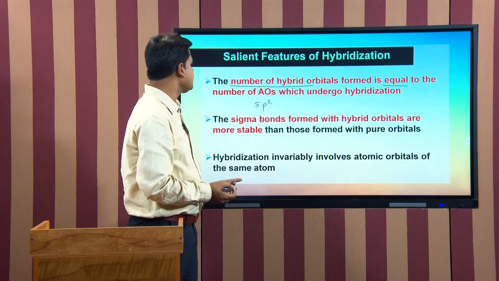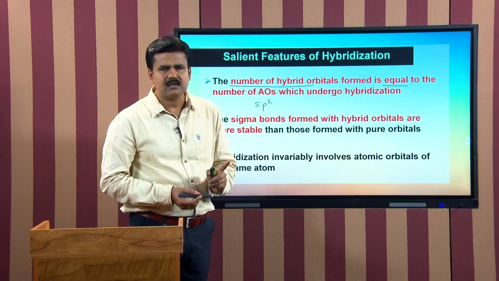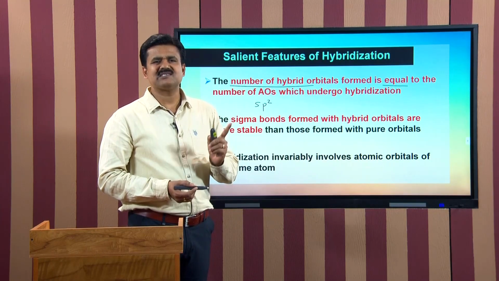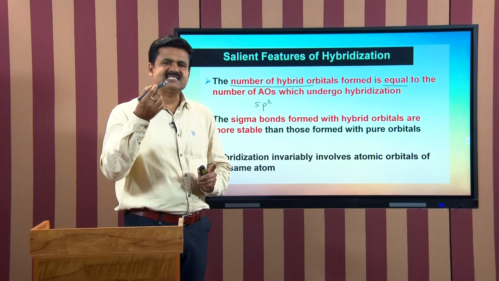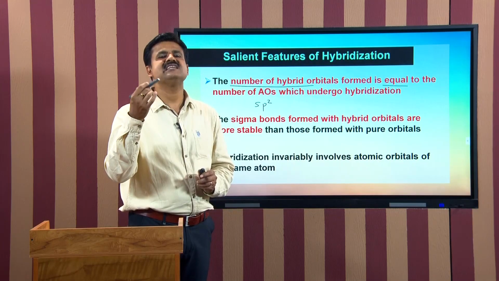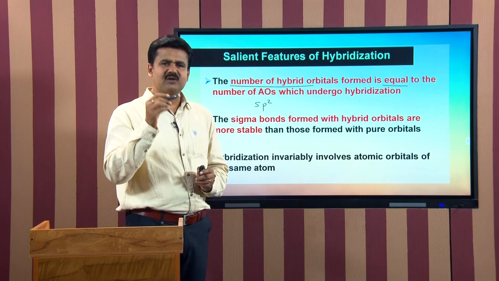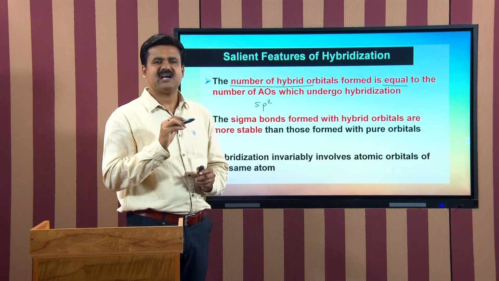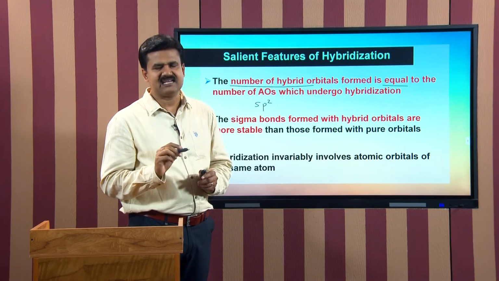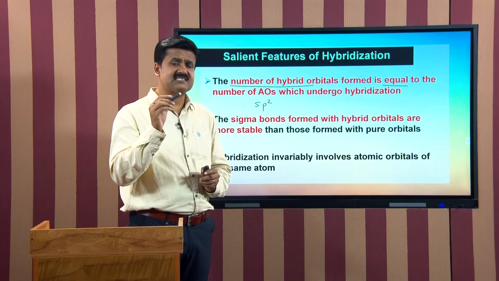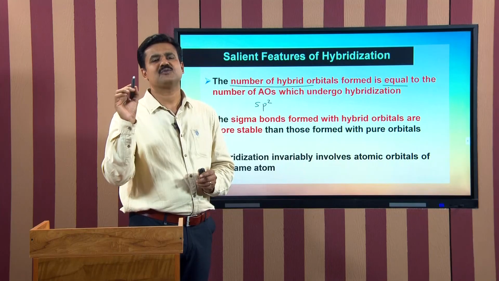Next important feature, the sigma bonds formed with hybrid orbitals are more stable than those formed with pure orbitals. Let us consider the case of a CH4 molecule. In the case of a CH4 molecule, the hybridization shown by the carbon center is sp3, and this sp3 hybrid orbital of carbon forms a sigma bond with the 1s orbital of hydrogen.